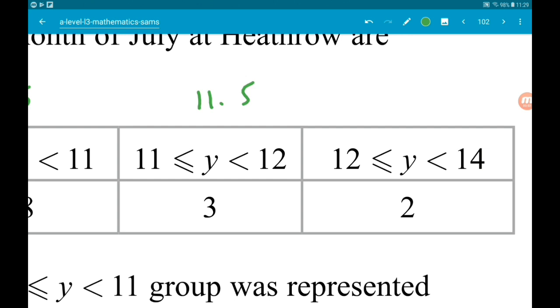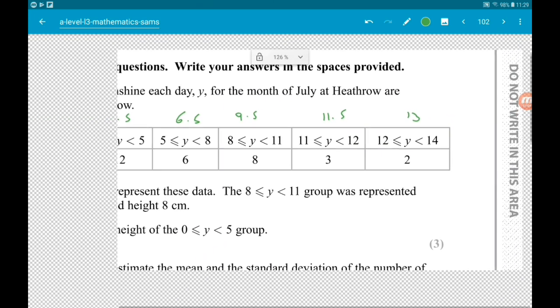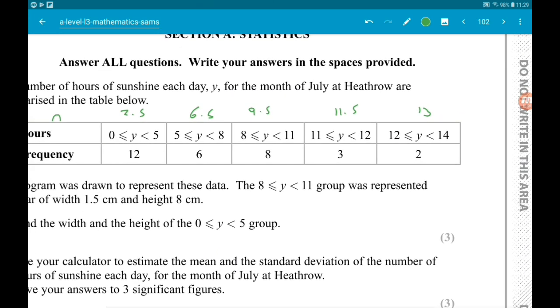And 12 to 14 is 13. Now we can put this frequency table into our calculators.